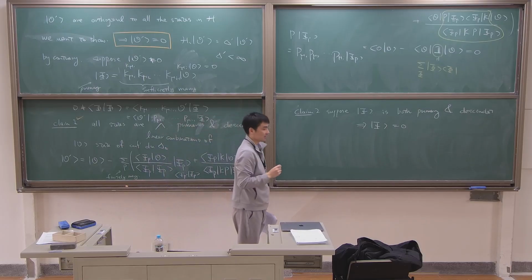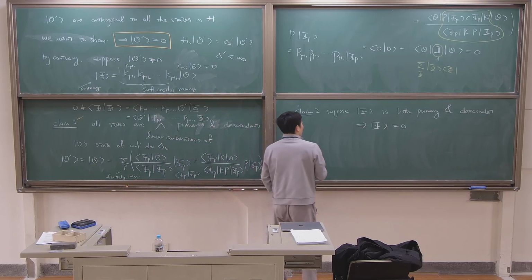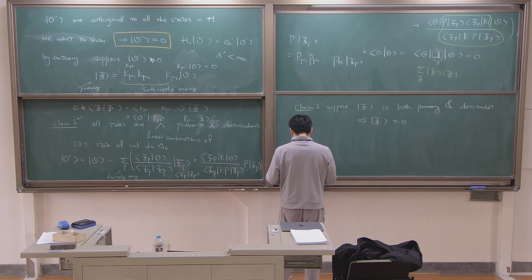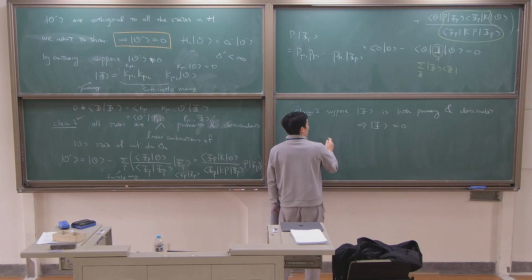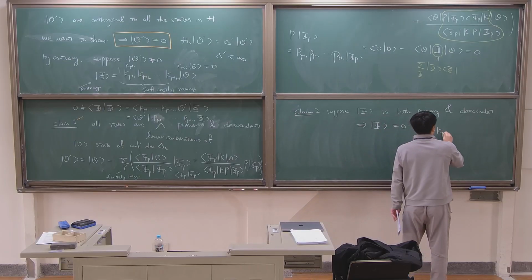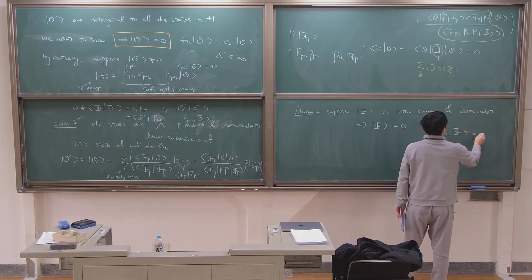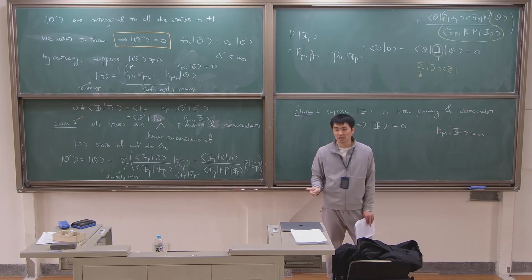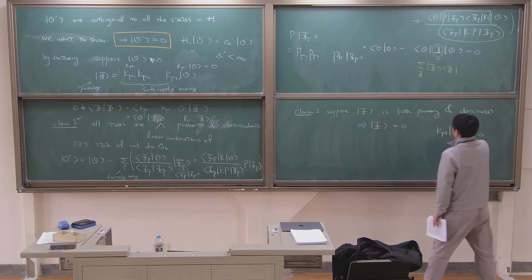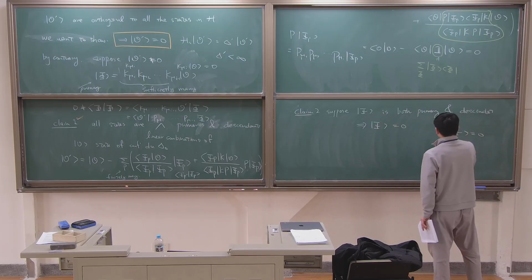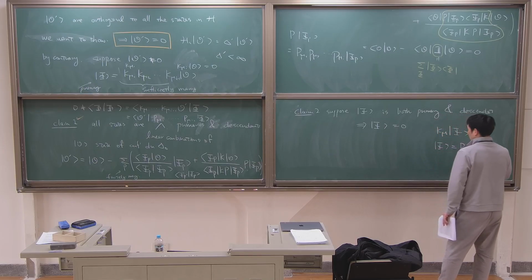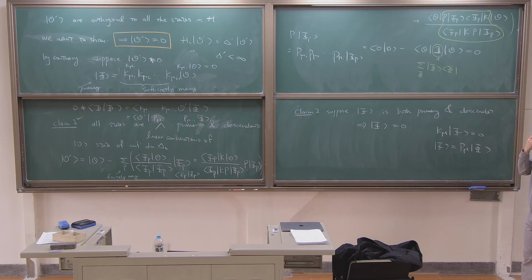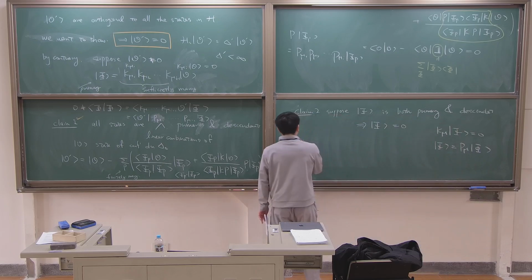That's what I want to show. Being both primary and descendant means that primary: K mu acting on psi is equal to 0. That's the definition. Descendant means that psi can be written as P mu of some state phi. Then, using this property, one can show that psi.